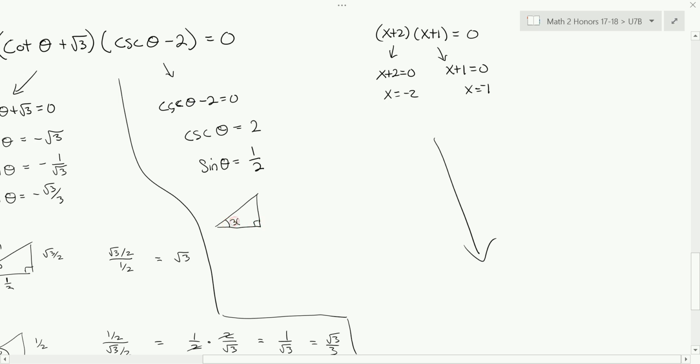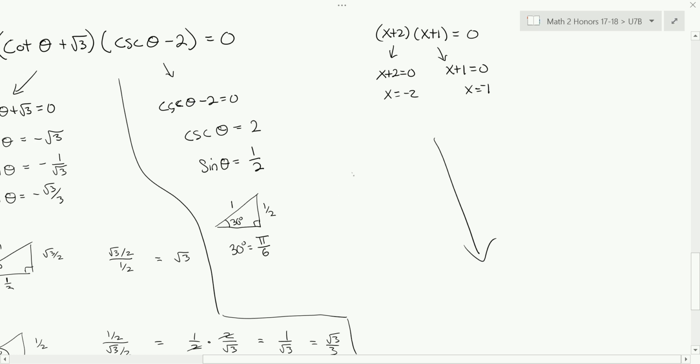If we try 30 out, we know that when the hypotenuse is 1, the side length across from 30 is 1/2, which is, in this case, the sine. And so 30 degrees is our reference angle. And that is pi over 6 in radians, because pi is 180, and 180 divided by 6 is 30.